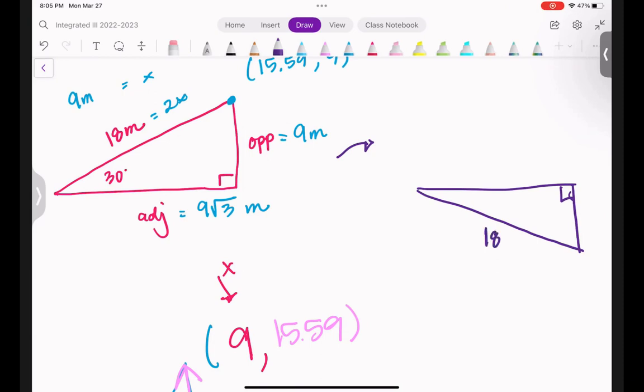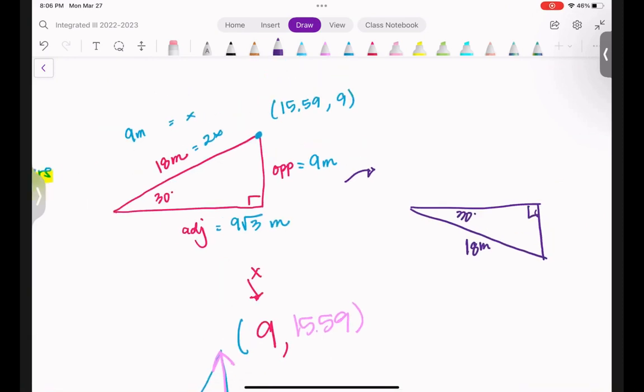So then again, of course, this is going to be 18 meters. This is 30 degrees. But now instead of this opposite being 9, it's going to be -9 because you went down this way. But my adjacent's going to be exactly the same at 9√3 because you're going to the right.